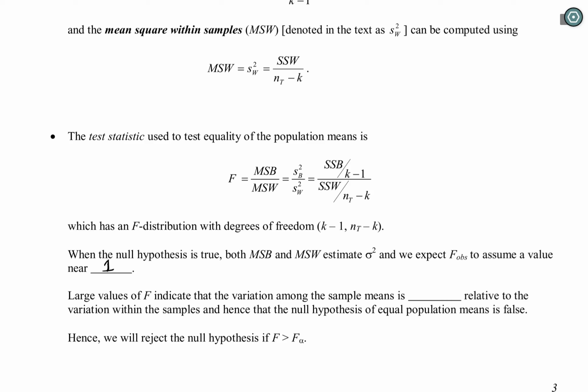And in particular, large values of F indicate that the variation among the sample means is large, relative to variation within the samples. And if we get that sort of thing, that's evidence against the null hypothesis and for the alternative hypothesis. Okay, so we're going to reject our null hypothesis from 2 pages ago if our F statistic is large.